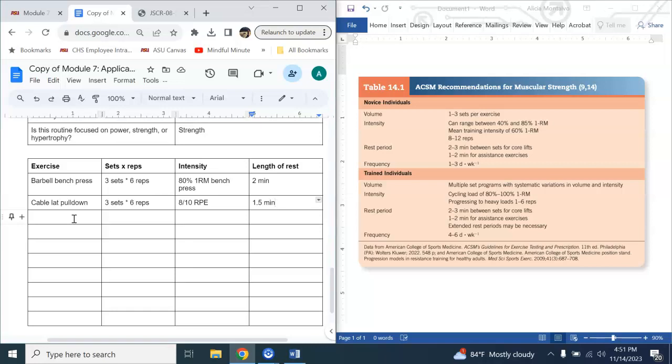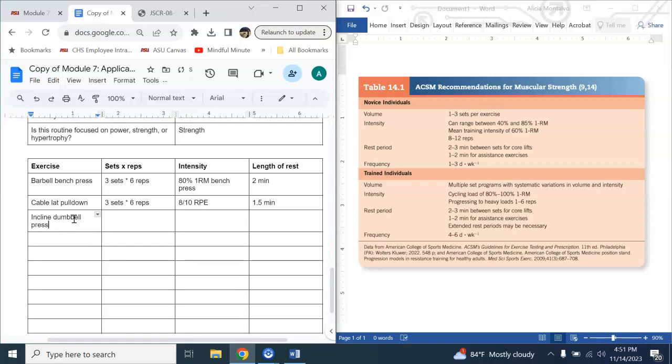Okay, so I did my barbell bench press, so maybe I want to introduce some unilateral work. Let's do some dumbbell incline dumbbell press. Want to work that upper chest. Now we can start doing our whole thing. 3 sets, 6 reps. I might want to do these a little bit lower because this is a pretty intense exercise.